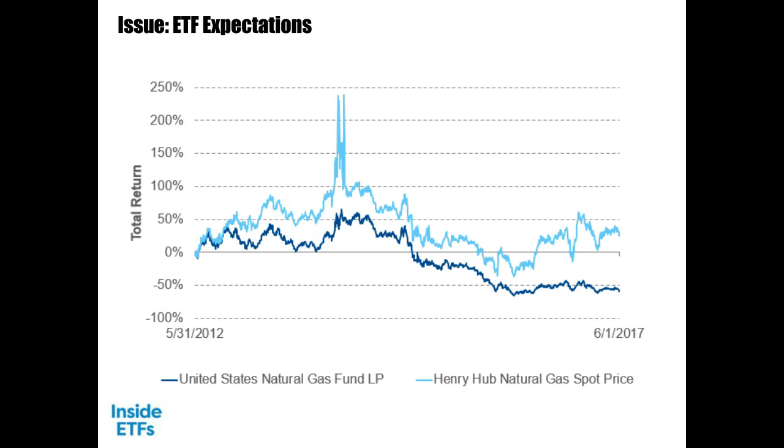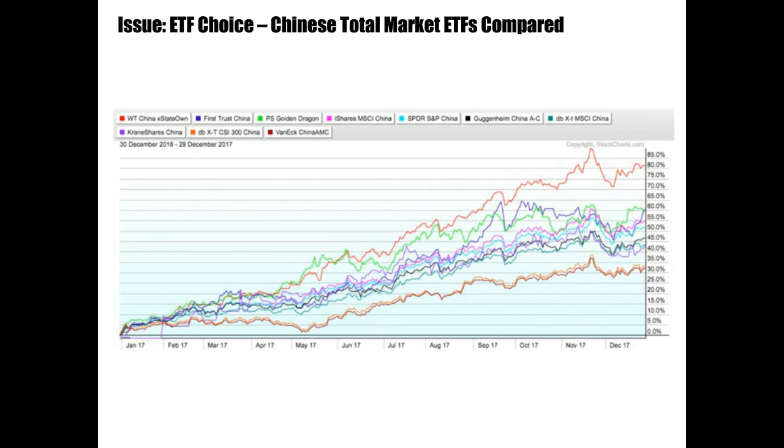But the last risk I want to talk on before we open it up, before we go through how to evaluate ETFs, is this one. This is a chart that looks last year at the difference in performance between about 10 China equity ETFs listed in the U.S. And we'll give some Canadian examples later, but the same story repeats there. And you can see that if you picked that top line, the WisdomTree state-owned enterprises ETF, you would have been up more than 80% on the year.